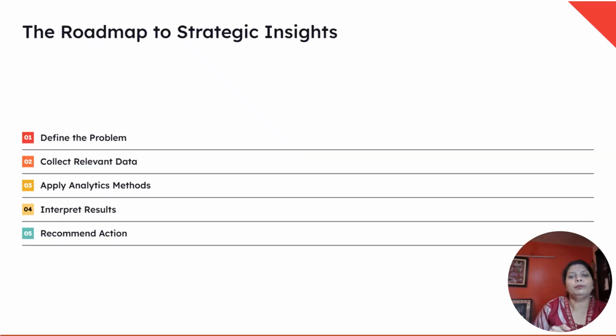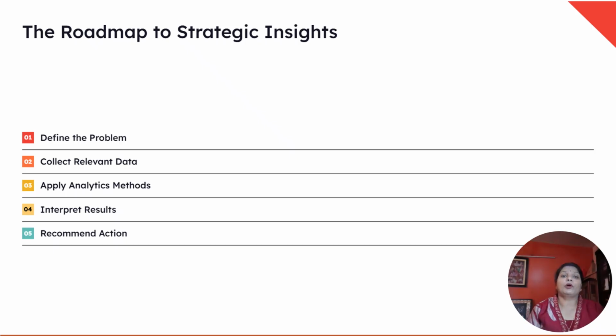So the roadmap to strategic insight: the structured approach you should follow when analyzing a business case. The very first step is to identify the problem, which is the most critical stage. The objective is to clearly articulate the core business issue, not just the symptoms.